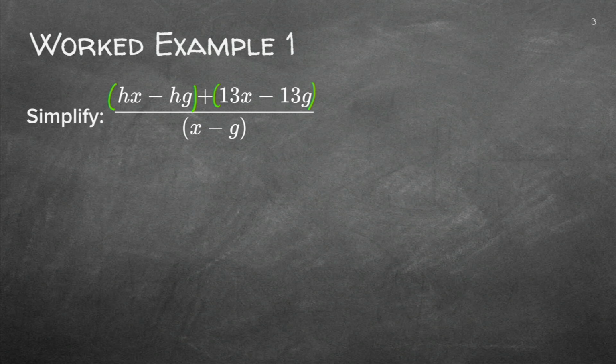The common factor from this one is h, so h goes out and you are left with x minus g. Separated by the plus sign, you find another common factor. You have 13 and 13 there, so 13 is a common factor. You take it out and open a bracket, and you are left with x minus g.